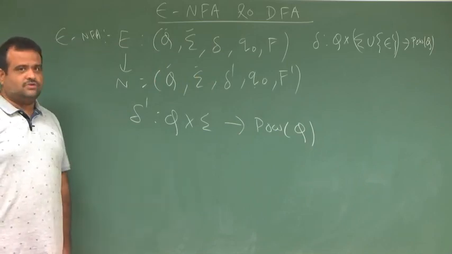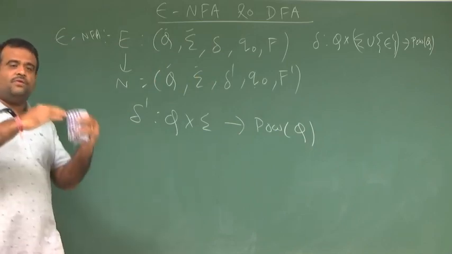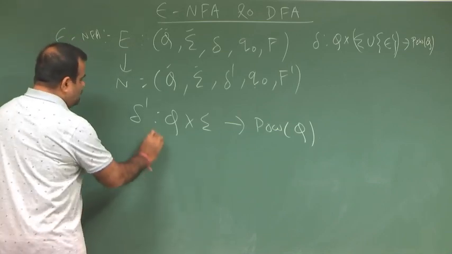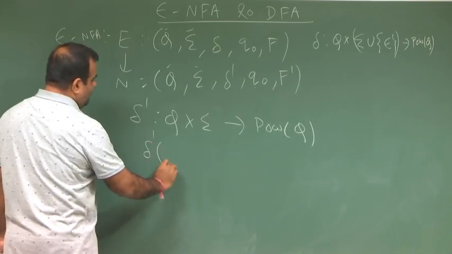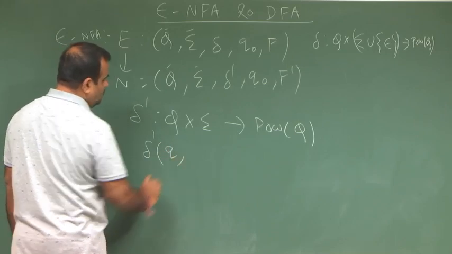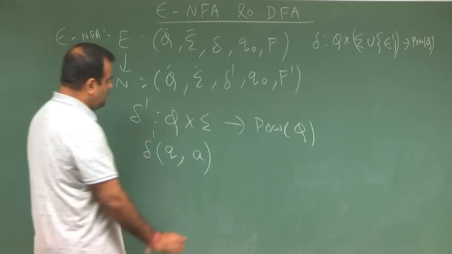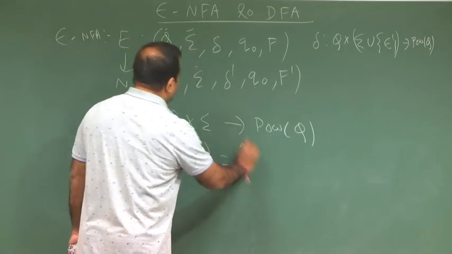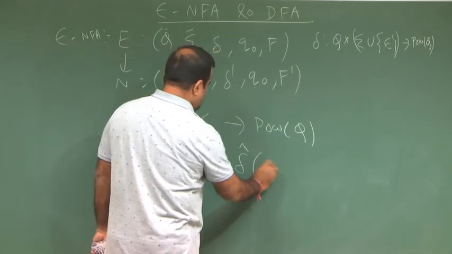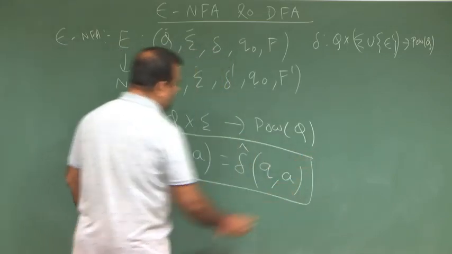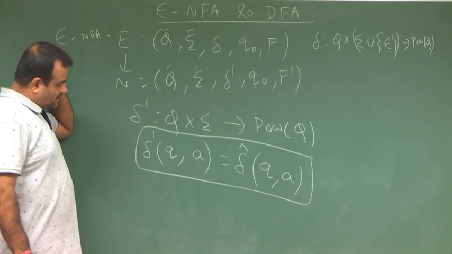We have to take care of epsilon moves before a or after a for a given symbol. That will be taken care of by this: δ' of a state q and an alphabet a will be δ hat of q comma a. This is the way we define the transition rule for the NFA.